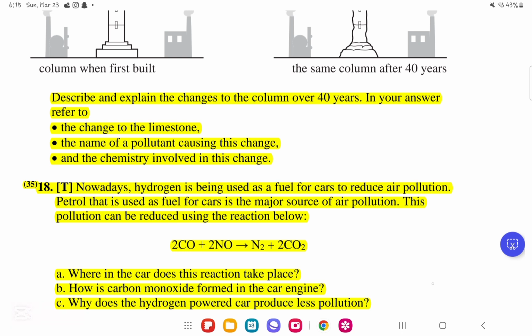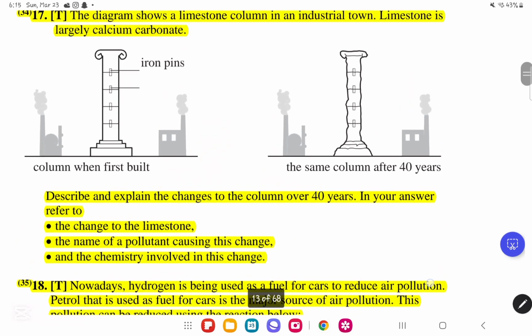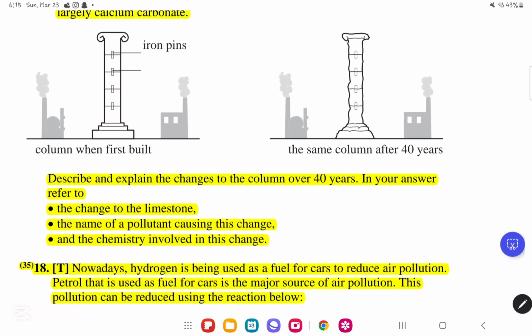You could say that over time, the sulfur dioxide and the nitrogen dioxide produced by the factories get dissolved in the rainwater. This forms acid rain. Acid rain will react with the limestone to decompose it, and finally the column will become eroded, or eaten away. Of course, you can check the answers, you have more options over there.